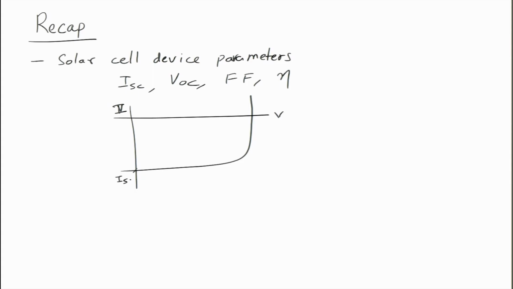So, the current at 0 voltage is short circuit current, the voltage at which current is 0 is open circuit voltage, and within this curve there is a rectangle that you can draw which corresponds to the maximum power point, and this basically comes from d of jV into V. So, wherever this is equal to 0, that is the maximum power point.